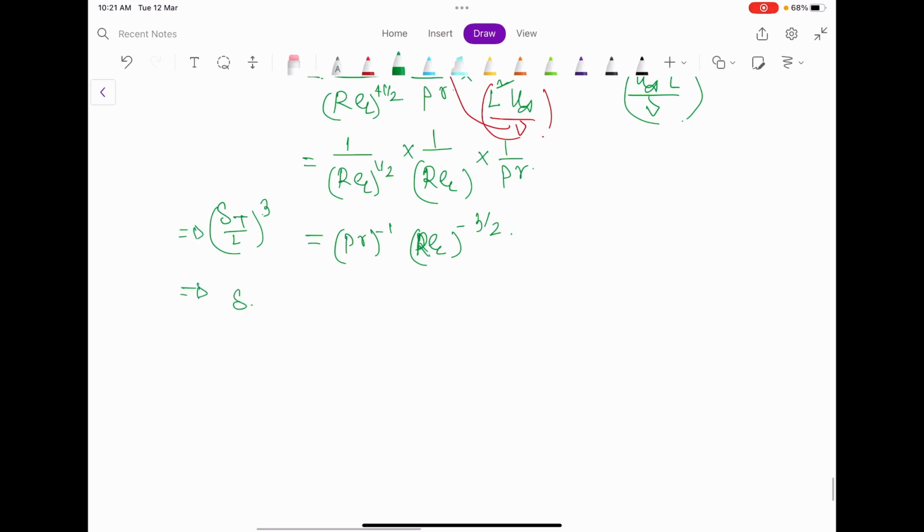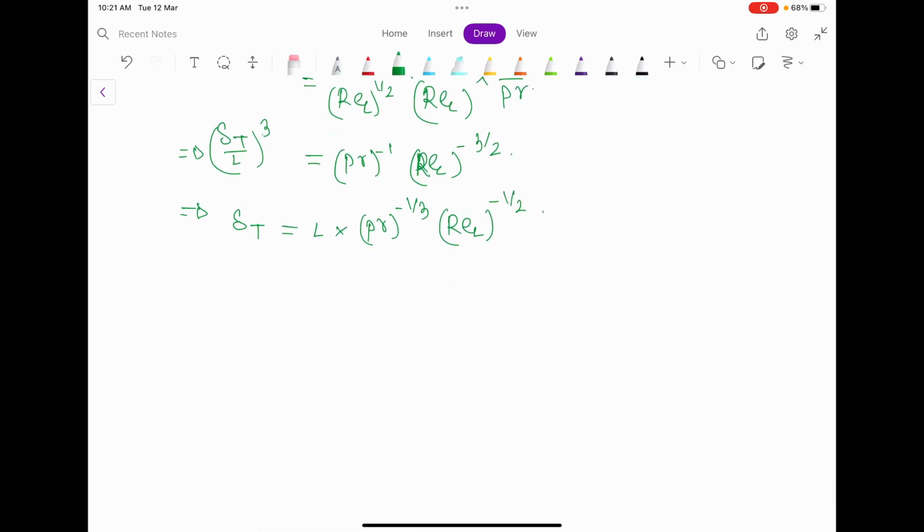So my delta T becomes L into Pr to the power minus 1 by 3, Re_L to the power minus 1 by 2, okay. And similarly now I have to find my Nusselt number. So my Nusselt number will be Nu_L, that is hL by k, and now I know h delta T by k into L by delta T. I have shown earlier that this becomes of the order of 1, okay.